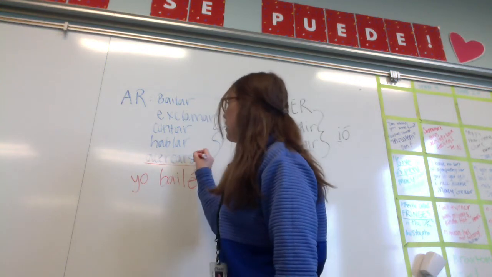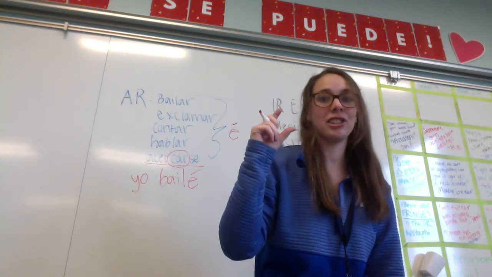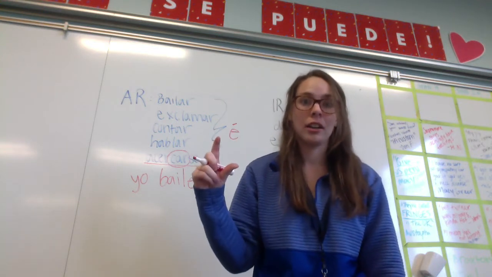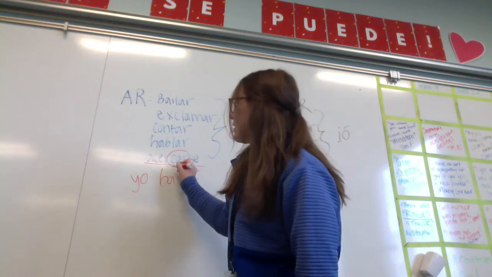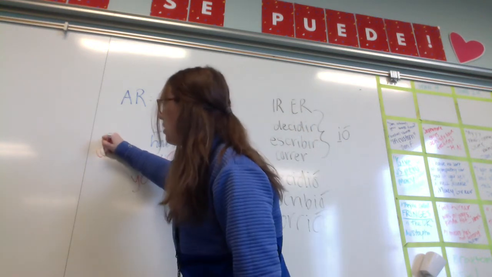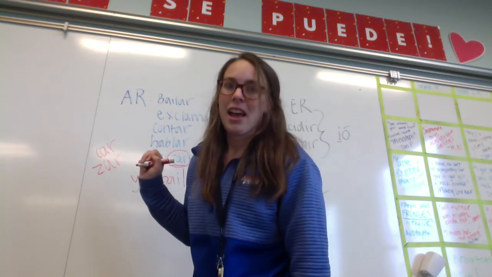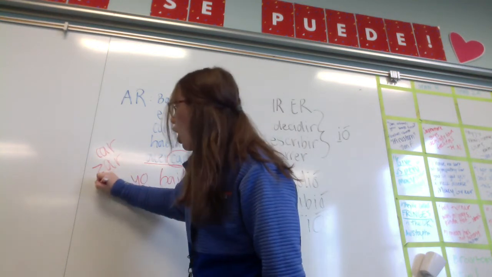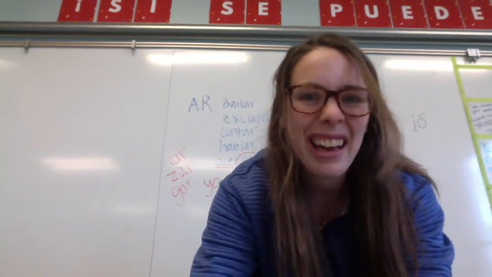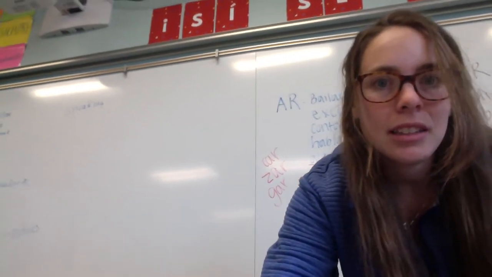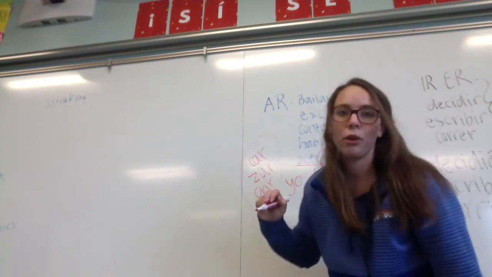And this one is a little funny because it ends with the letters C-A-R. Now, in Spanish, words that end with car, words that end with zar, and words that end with gar are going to have a little bit something funky happen to them. Let's look over here, but the funky thing only happens in the yo form.